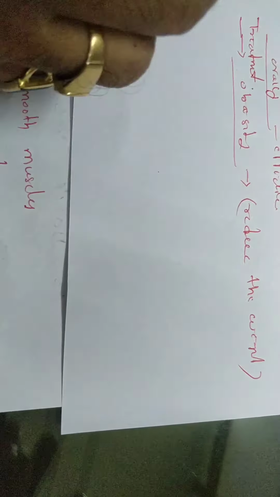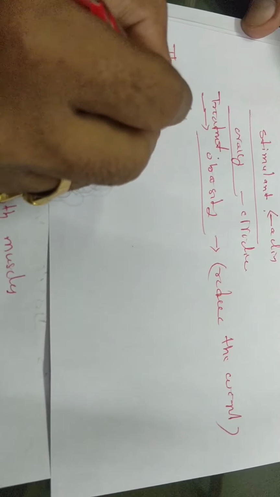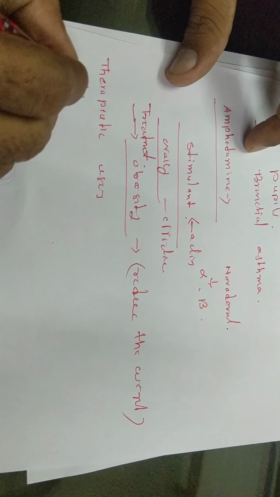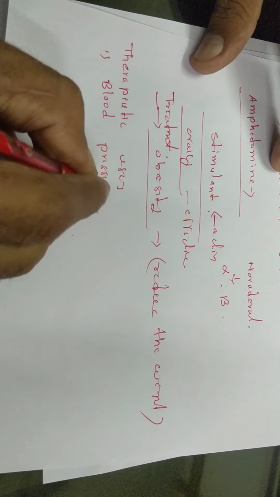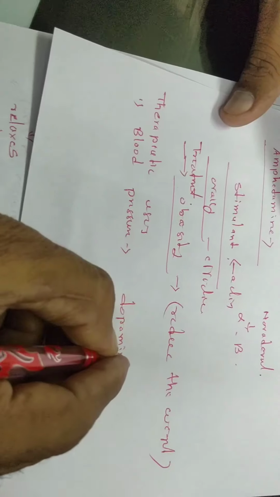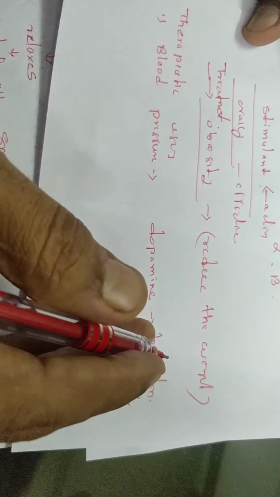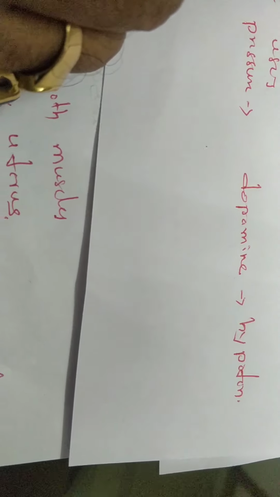Now the last point is therapeutic use of sympathetic drugs. Drugs like dopamine are used for hypotension, in treatment of low blood pressure, to restore the blood pressure. Second, sympathetic drugs are used with the local anesthetic.